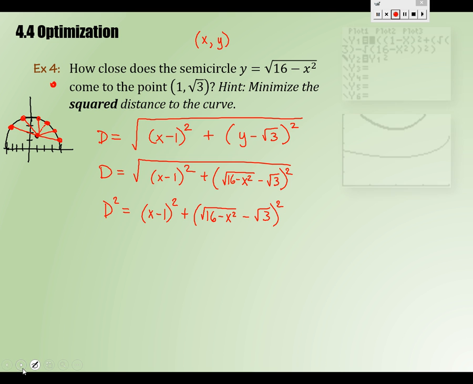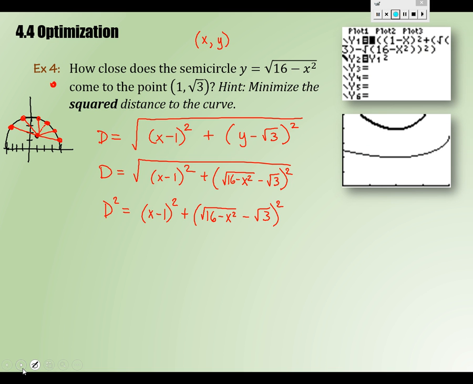If you square both sides, I have this graph for us on the calculator. In y1, I have the square root of all the stuff we just typed in, right?